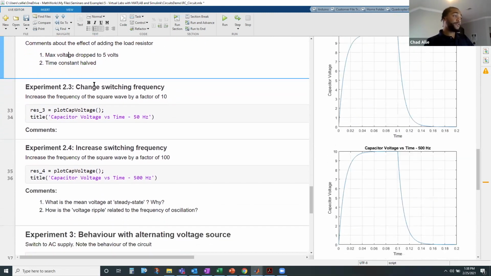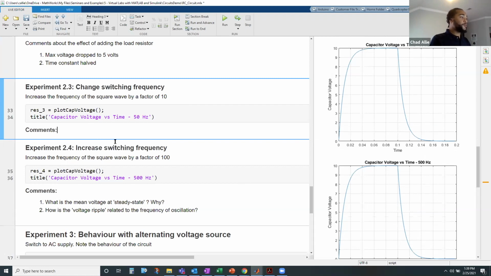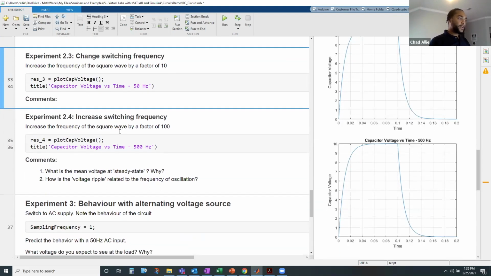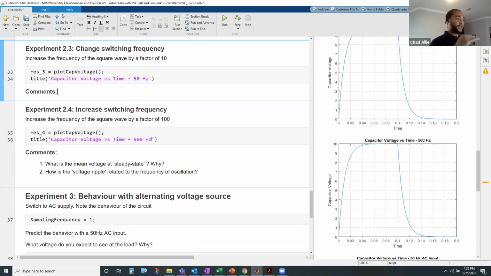Or furthermore, even changing the switch frequency, right? So that pulse change that allows how long the capacitor charges and discharges. I can go ahead and change that by a factor of 10, let's say, observe what's happening in my virtual lab, and actually add new comments to help to talk about what I'm seeing and what I'm understanding as a student. And again, continuously building on these concepts as you get more and more complex.